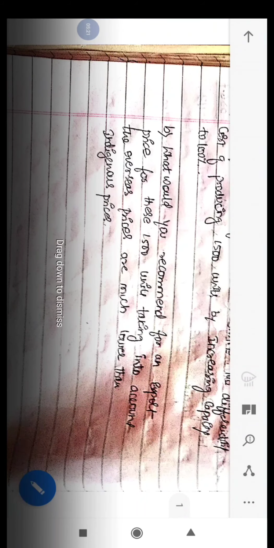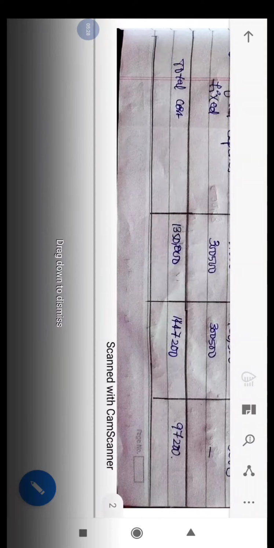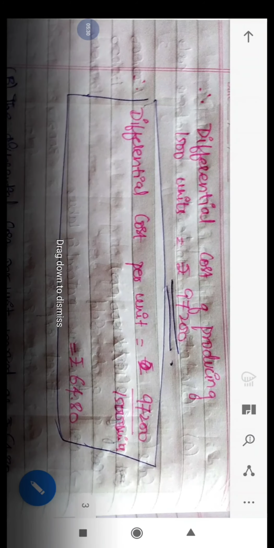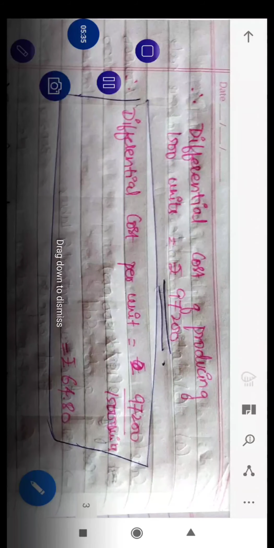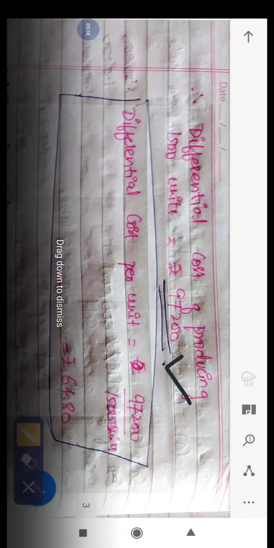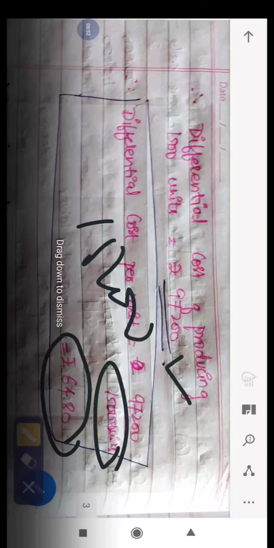What will be the export price in case we are increasing 1,500 units? The differential cost we have calculated is 97,200. If we divide it by the number of units, which here is 15,000, 97,200 divided by 15,000, the differential cost per unit is 64.80.